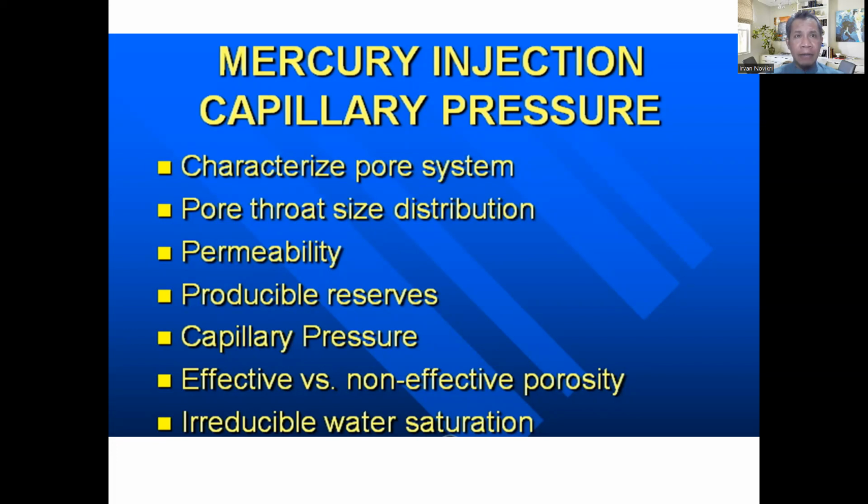They wrote about permeability and examining it using capillary pressure. It was a really good paper, the seminal paper on capillary pressure. It is the pore throat size, not the pore size, producible reserve, capillary pressure, obviously effective versus non-effective porosity, and irreducible water saturation. A full package, all things that we can get out of this very powerful technique.